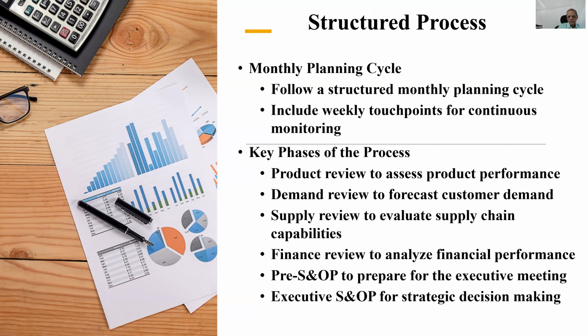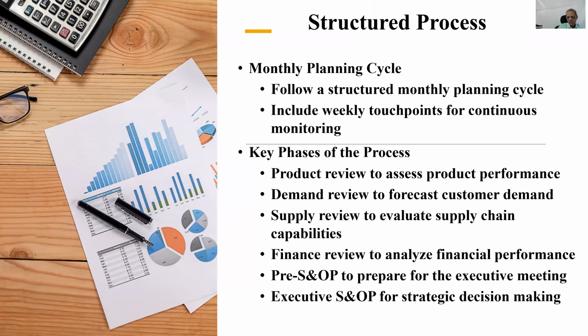So the key phases of this particular process are that a product review has to be there to assess the product performance. Your demand review will be there to work out the forecast and customer demand performance. Your supply review will be there to evaluate supply chain capabilities on the supply side.